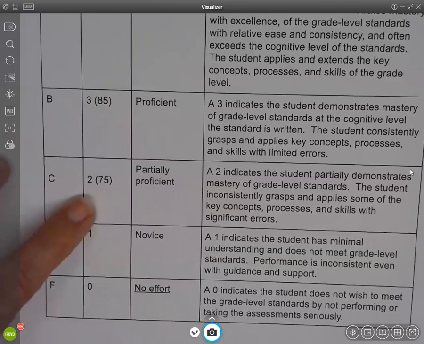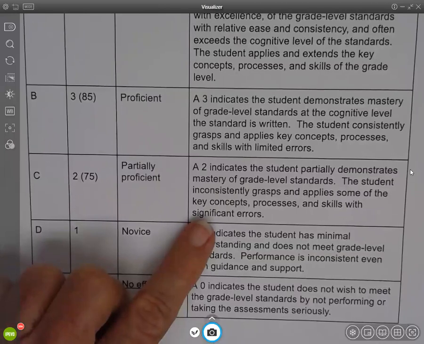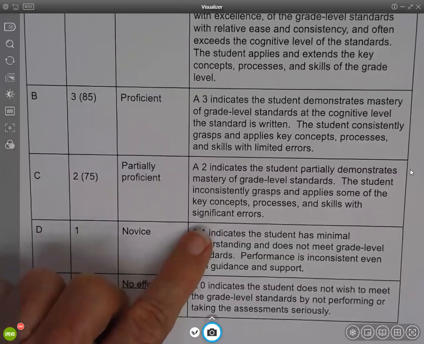For C, that's a score of 2 or 75% or 7.5 out of 10. This is partially proficient. A 2 indicates the student partially demonstrates mastery of grade level standards. The student inconsistently grasps and applies some of the key concepts, processes, and skills with significant errors.